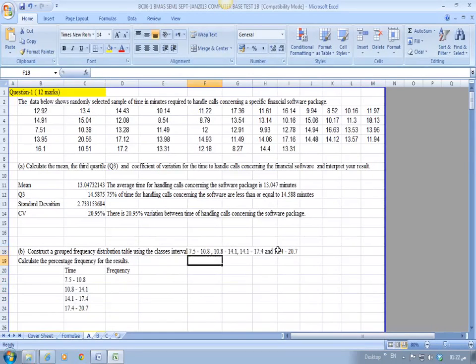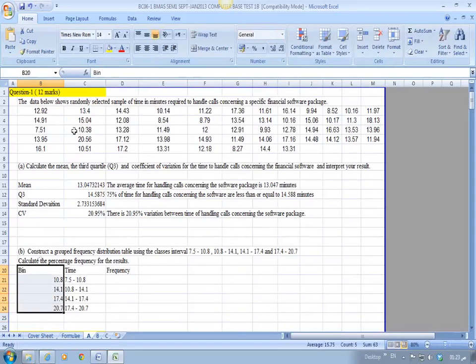So I'm taking here these class intervals, which are required for the time, and here we write bin, and the bin here is the upper limit of the class. So the first class, the upper limit is 10.8, and the second one, the upper limit is 14.1, and then the third one, the upper limit is 17.4, and then the last one is 20.7.